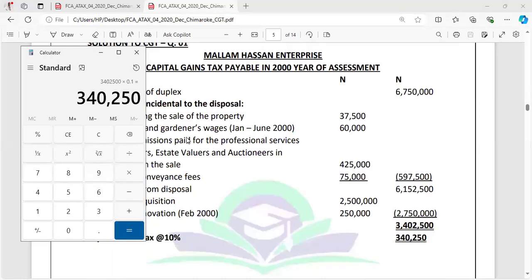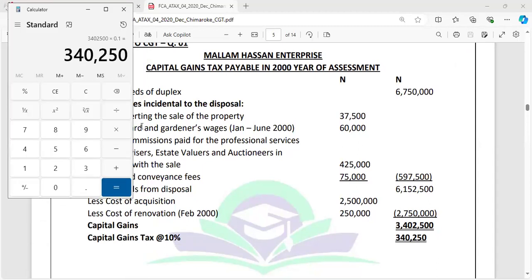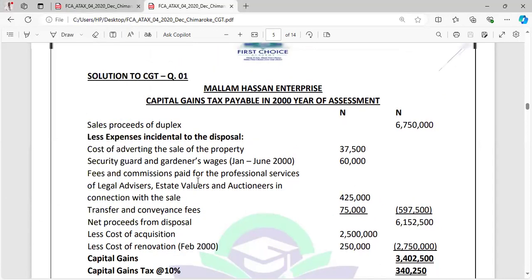Now that's your capital gains tax. Capital gains tax is 340,250. That is as simple as it gets. That is your capital gains tax in the first scenario.